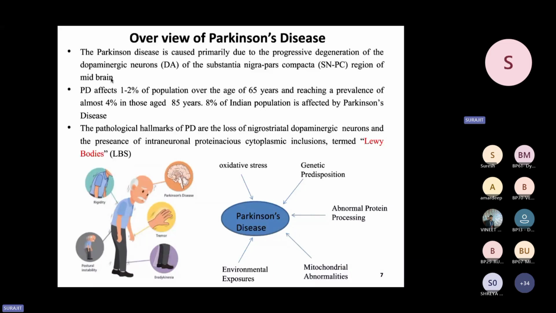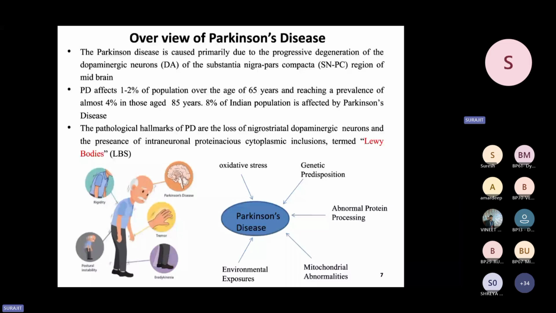One to 2% of the population over the age of 65 years are found to be affected, and the prevalence of this disease increases to 4% in those who cross the age of 85 years. And 8% of the Indian population is affected by Parkinson disease.